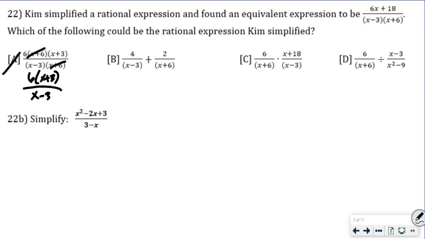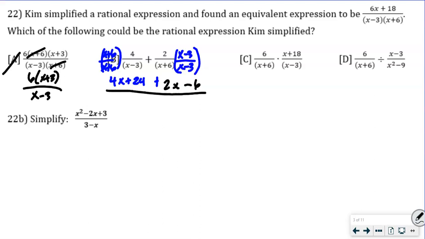The next one, we're going to get a common denominator, so I'm going to multiply the numerator by the other denominator, so that's going to be x plus 6, so I can get a common denominator. And this one by x minus 3 over x minus 3. Remember, again, I'm trying to get a common denominator. So now I have a common denominator, so that's going to give me 4x plus 24 plus 2x minus 6, all over x plus 6 and x minus 3.